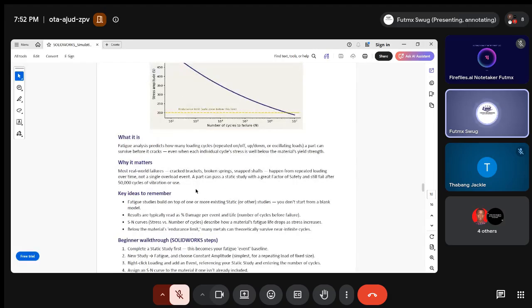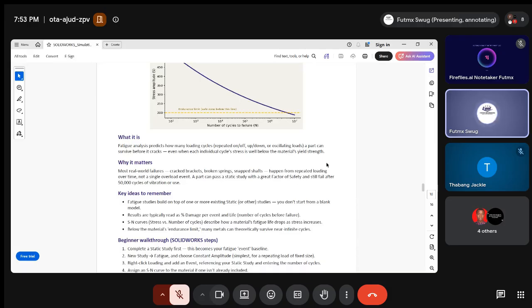So why fatigue analysis actually matters is that most real world failures, like cracked brackets, broken springs, a snapped shaft, happen from repeated loading over time, not a single overload event. A part can pass a static study with a great factor of safety and still fail after 50,000 cycles of vibration or use.